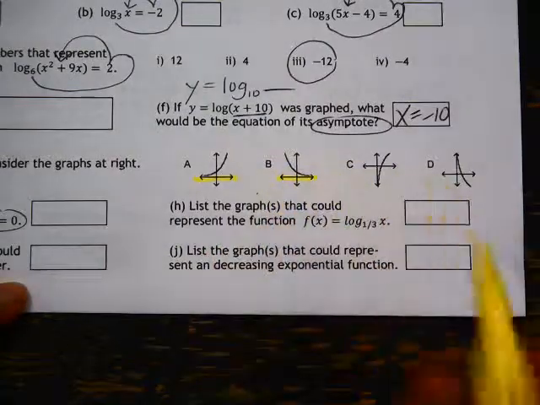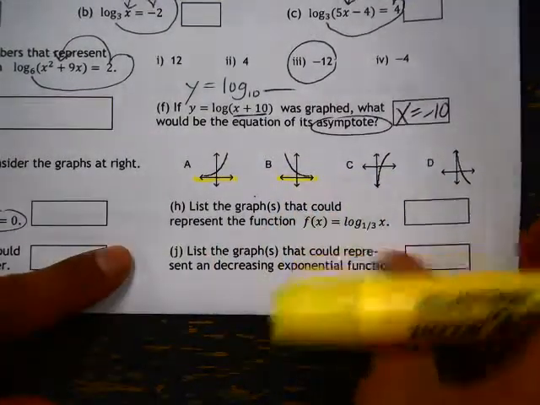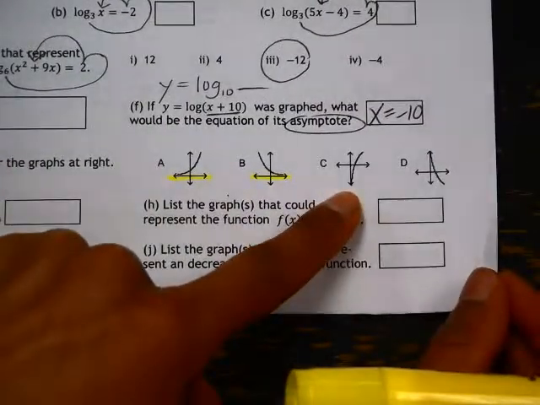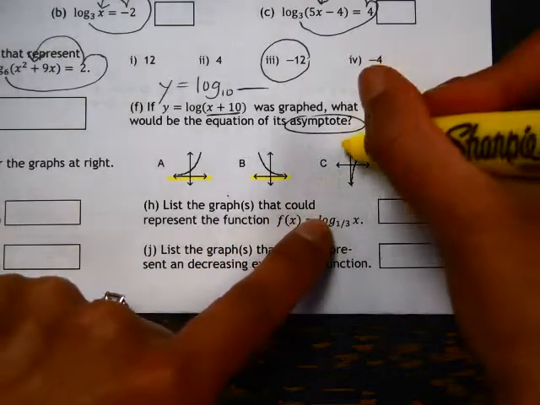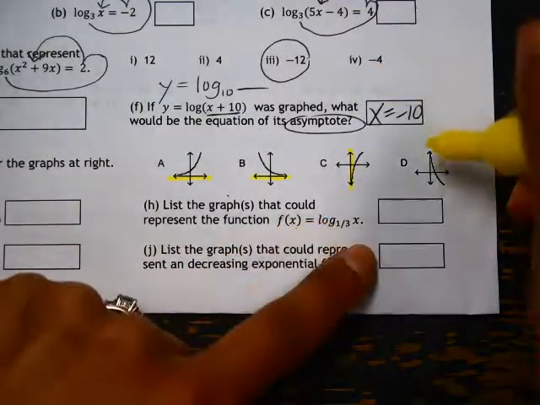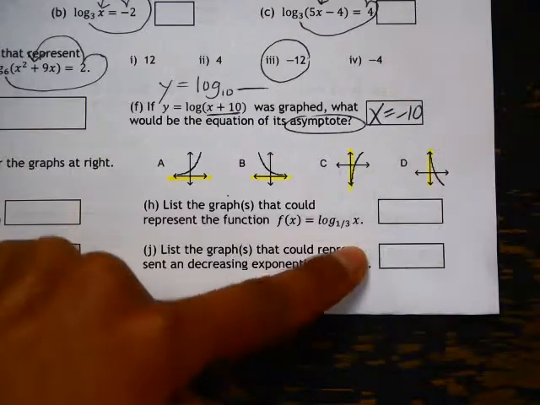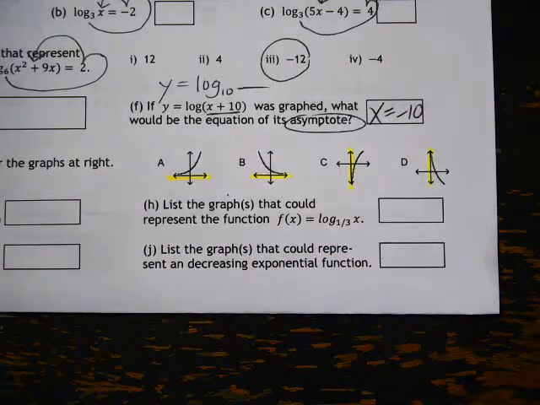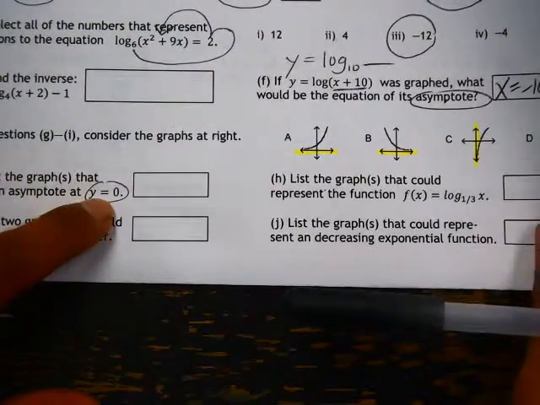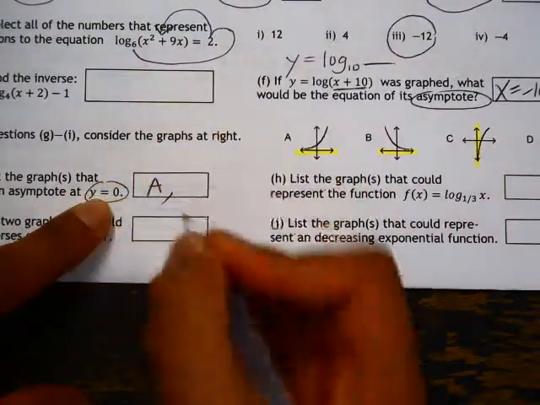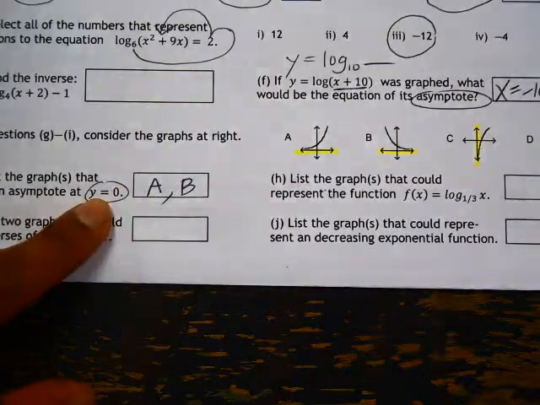Graph B is also approaching the x-axis, but never actually hitting it. Whereas graph C is approaching the y-axis and never hitting it. And same on graph D, approaching the y-axis. So y equals 0 is the equation of the x-axis. So the 2 graphs that have an asymptote at y equals 0 are graphs A and B.